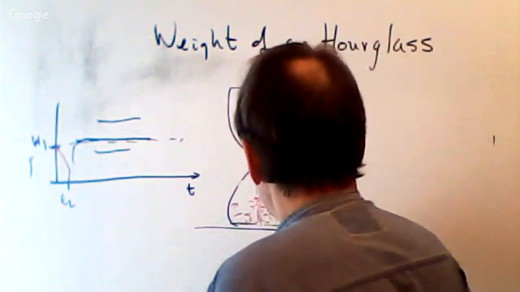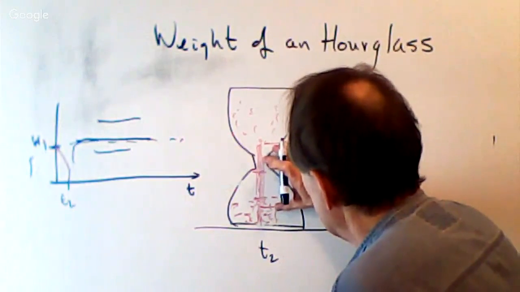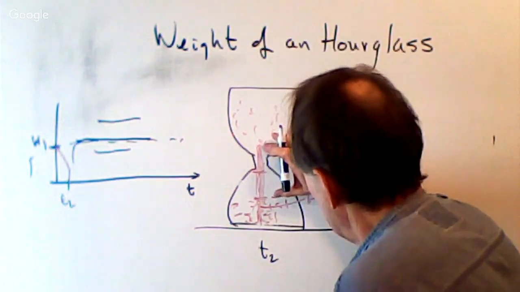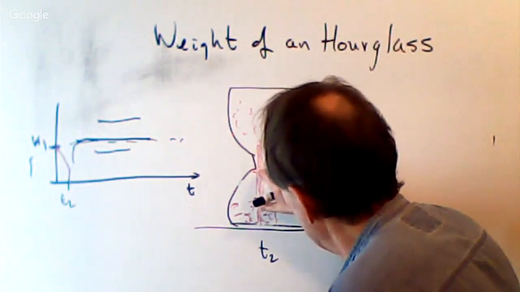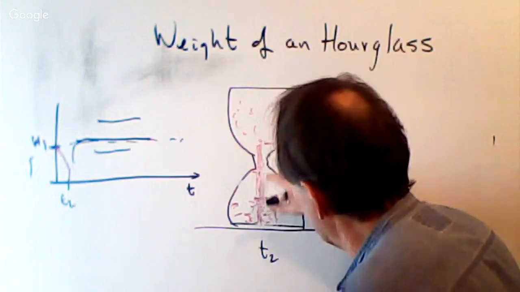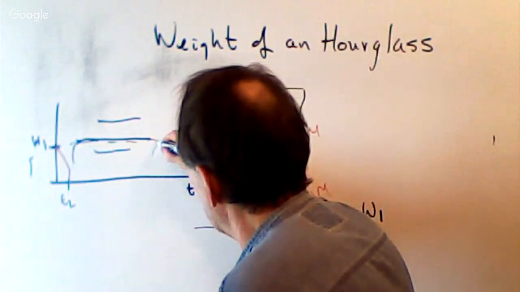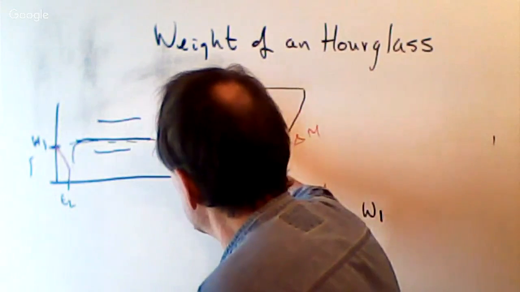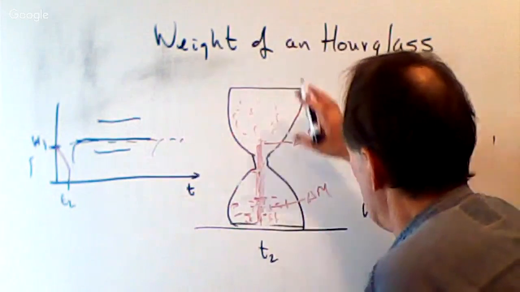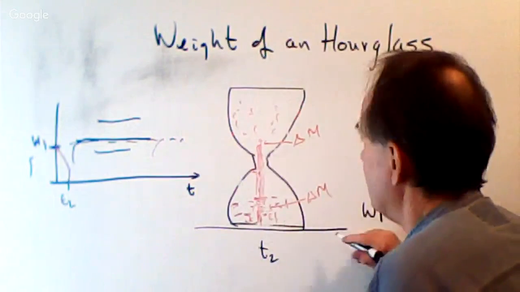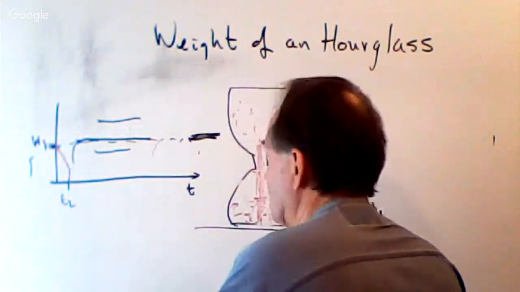And then once the sand runs out, we can easily see that the mass of the sand that was in free flight is now going to start piling up, and we should get a jump up in the weight depending upon where it is here. And then finally, once it all settles down, the sand is poured out, no longer pouring, we'll be at the initial weight again.